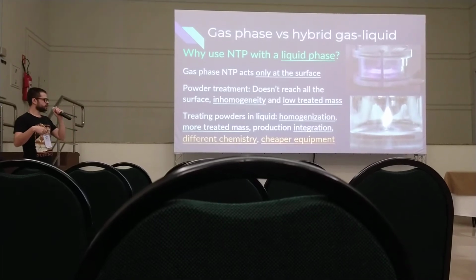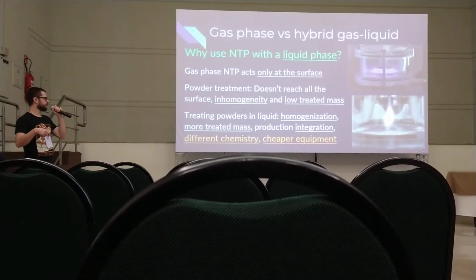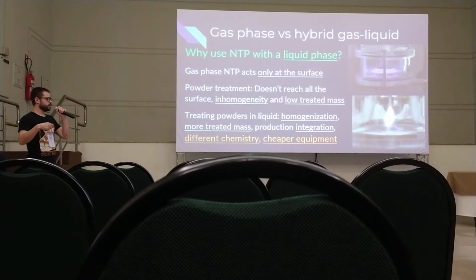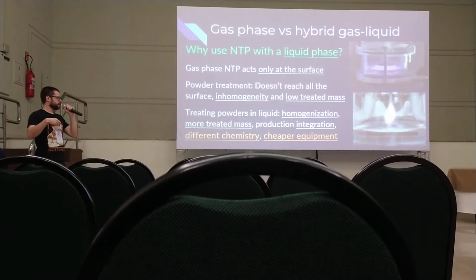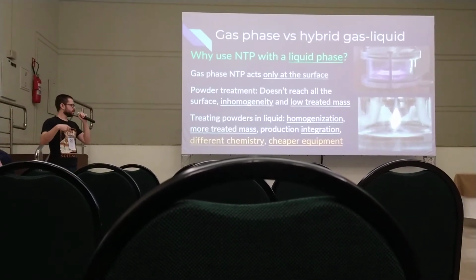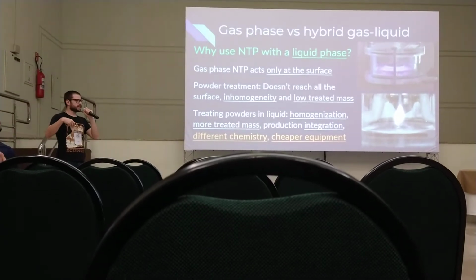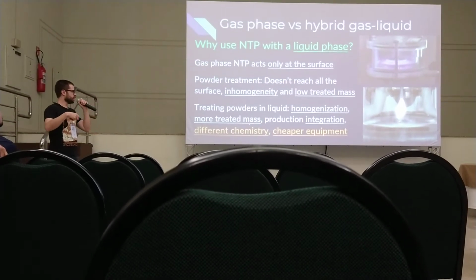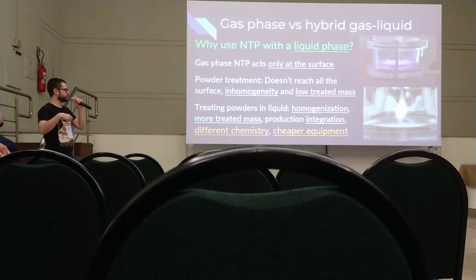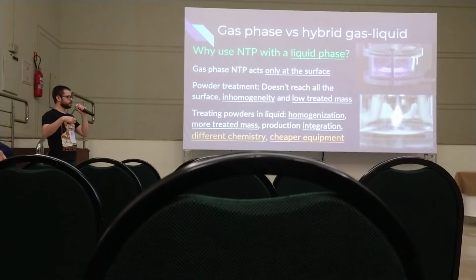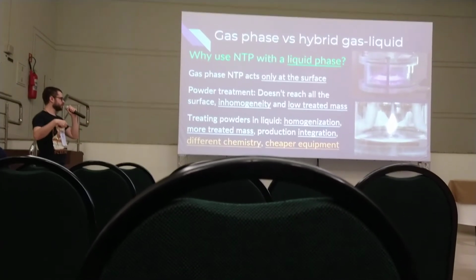But if you put your graphene on a liquid like this, and you stir it, it will lead to a cycling of the graphene on the surface, which leads to a more homogeneous exposure. You can put more mass to treat.